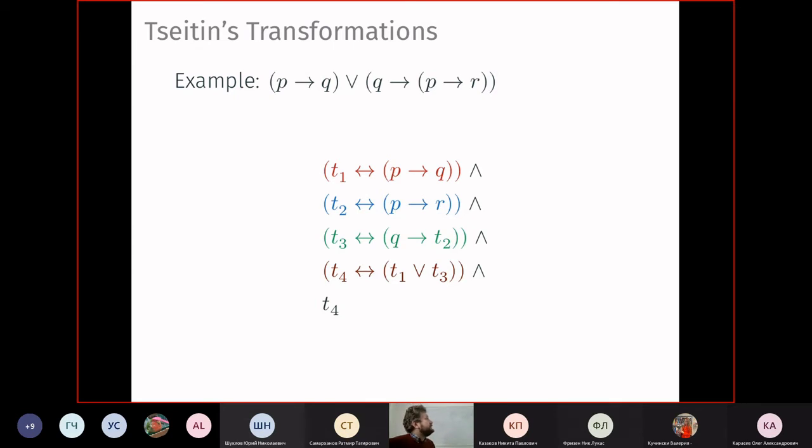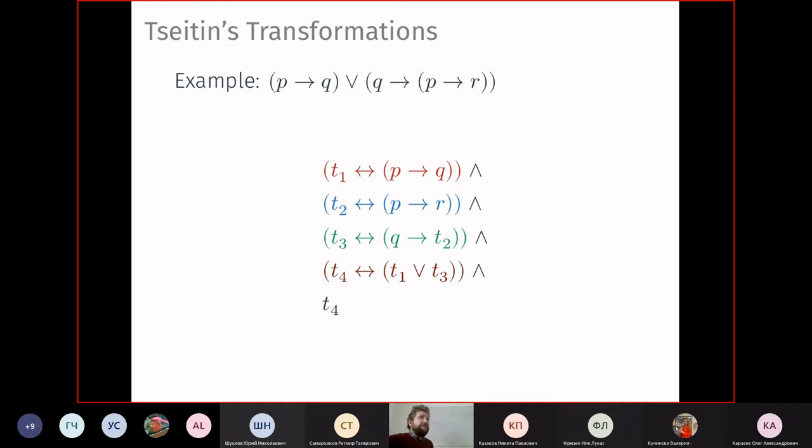Okay, so we claim that this is equisatisfiable with the original formula. Why? Well, suppose that our formula is satisfiable. This means that for some values of P, Q, R, the formula on top is true. Then you can easily satisfy all these equivalences by just putting the values in the Ti's as they are on the right-hand side. So you have P and Q, you know them, the concrete assignment.